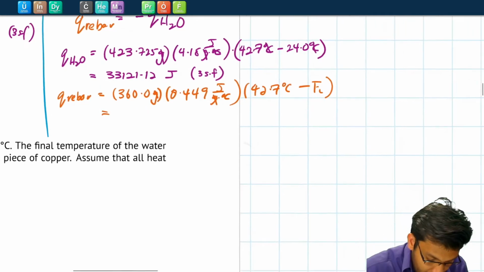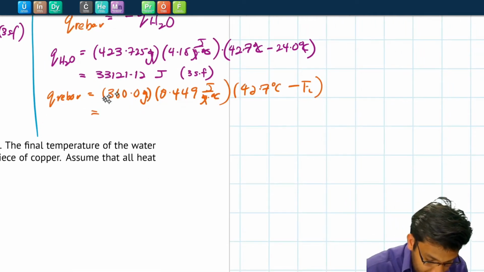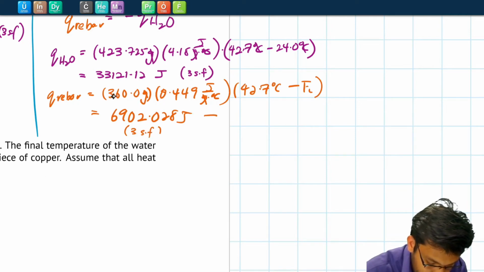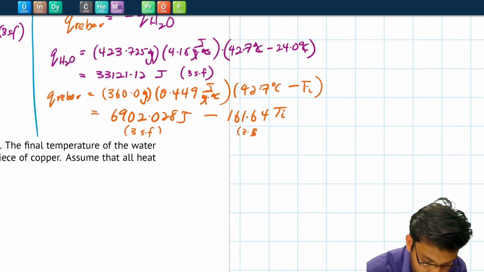So if we multiply all of these numbers together, we'll get 6902.028 joules, which is 3 sig figs, minus 360 times 0.449 times Ti. So that gives us minus 161.64 Ti, which is also 3 sig figs.